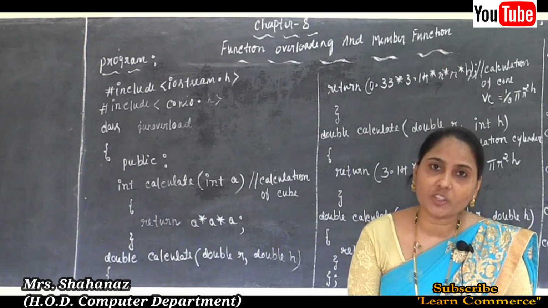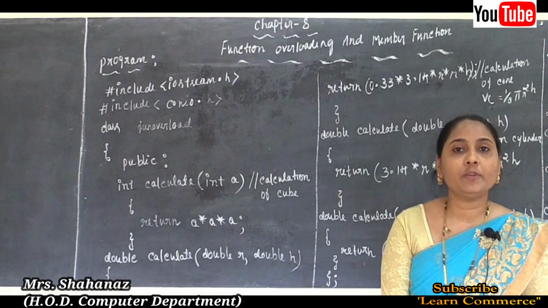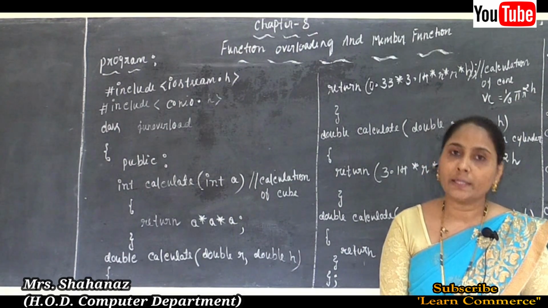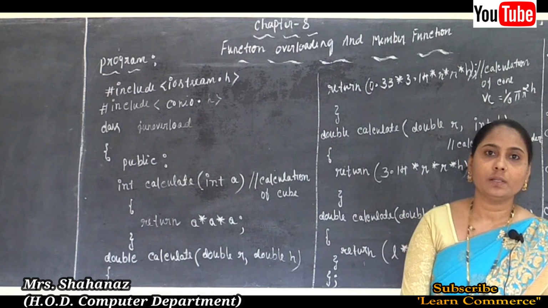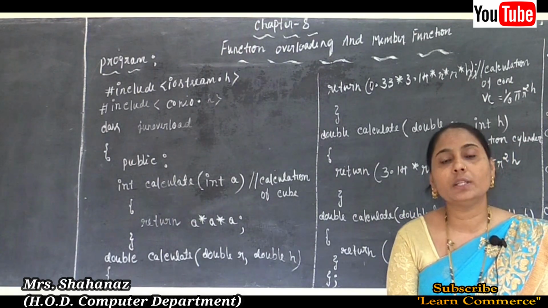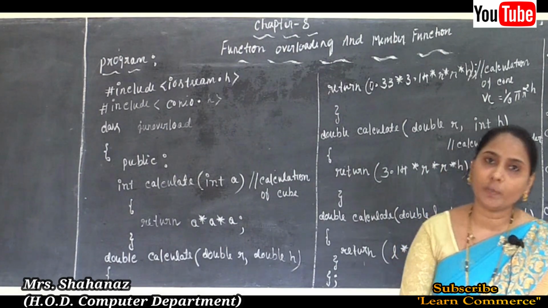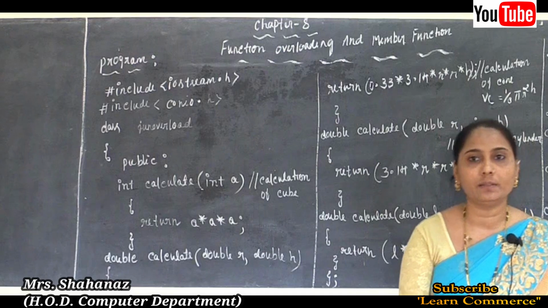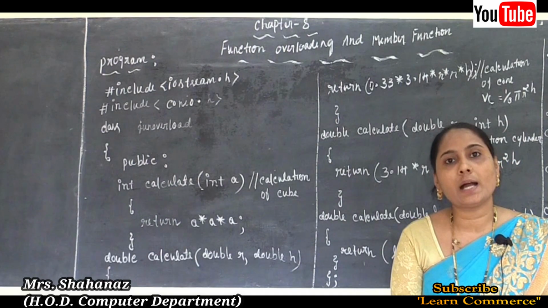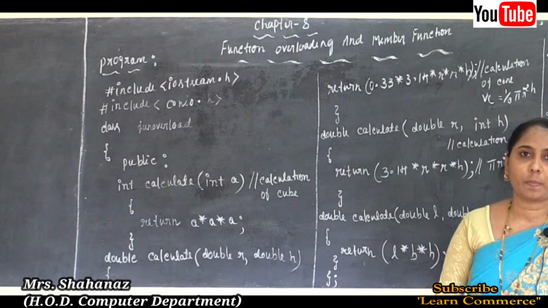If there are two functions having the same name but a different number of arguments or different data types of arguments, then the function overloading is invoked automatically by the compiler. So function overloading is also called compile time polymorphism.